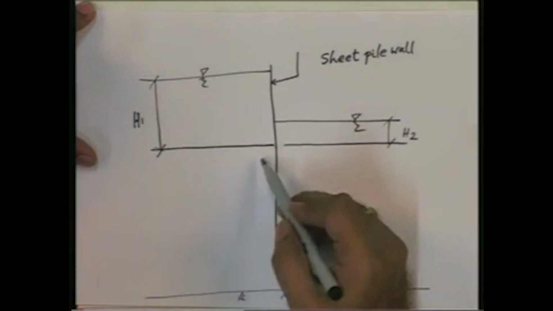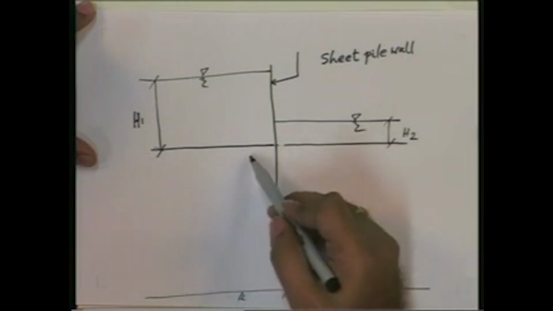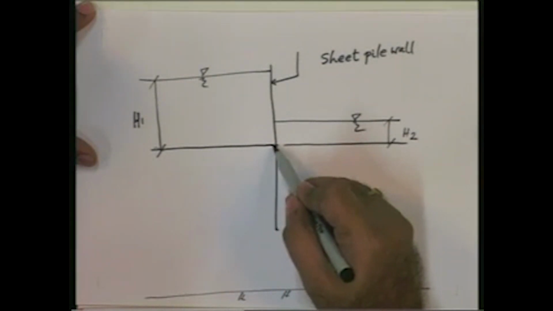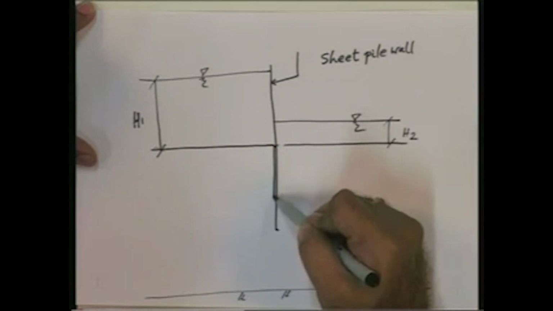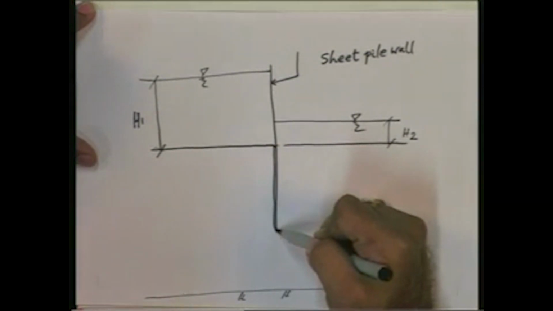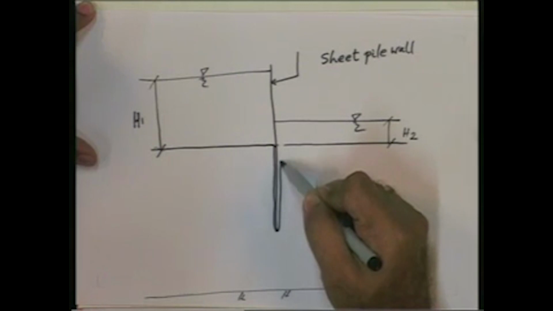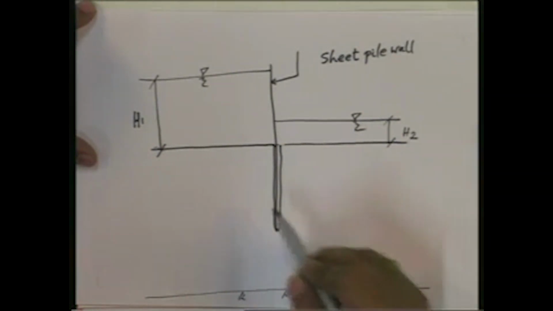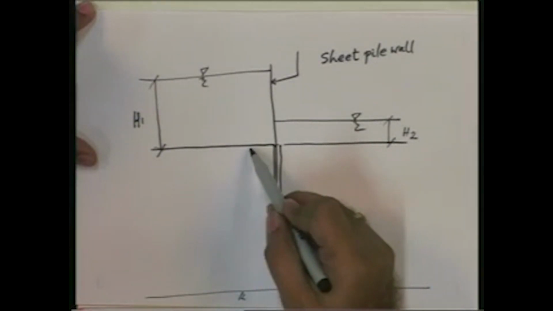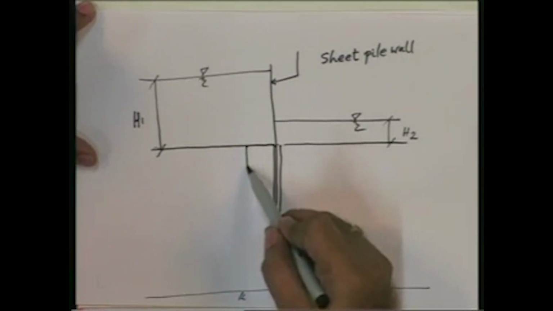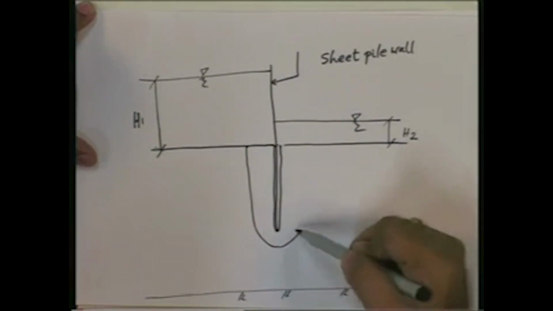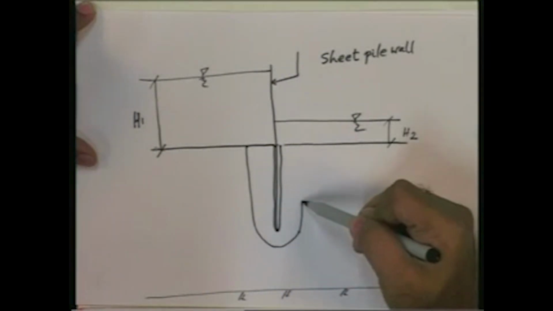In this case, the first flow line creeps along the sheet pile wall. The second flow line erupts out like this, which are approximately drawn.